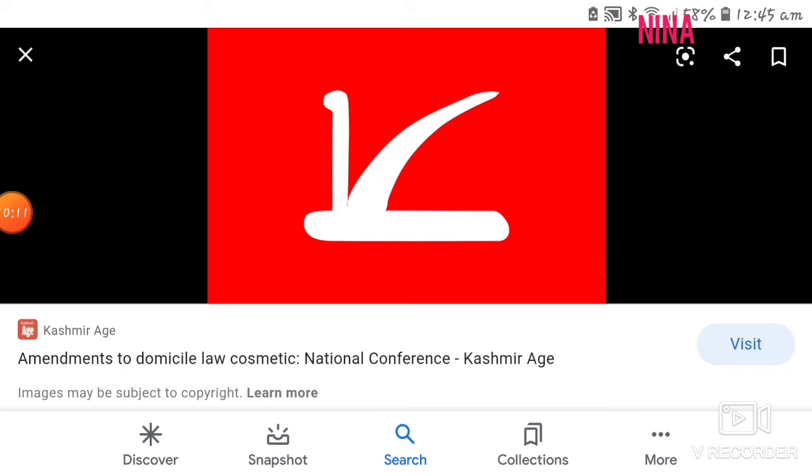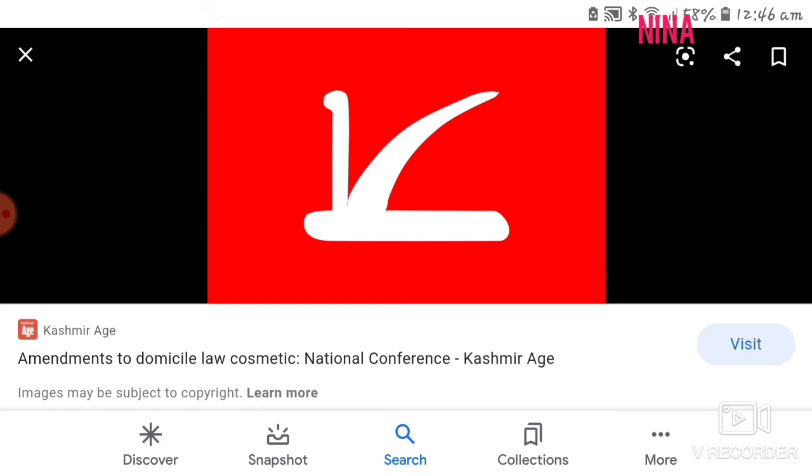Now children, next one, you can see the symbol on the screen. This is of the National Conference, which was founded in 1932 in Jammu and Kashmir, and the objective of this party was to work for the interests of the Kashmiris and promote full autonomy for the state.